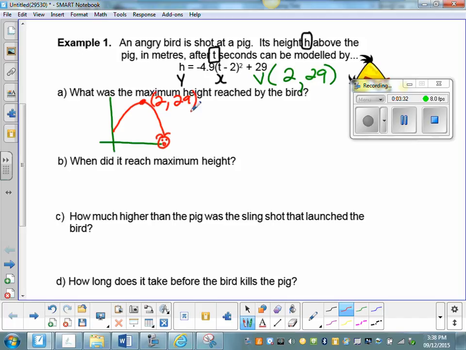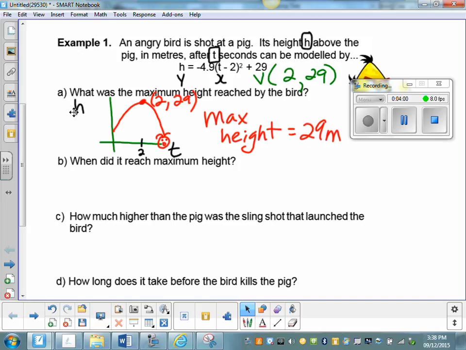So if we're talking about the maximum height that the angry bird reaches, that's going to be the 29 meters. Because in our graph here, we're measuring time on the bottom, and that's 2 seconds, where the vertex is, and we're measuring height up the side, and the height where the vertex is 29 meters. So the maximum height is 29 meters.